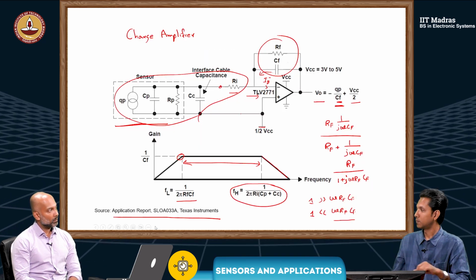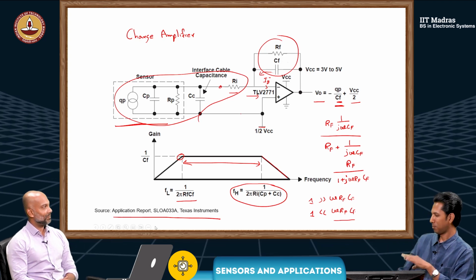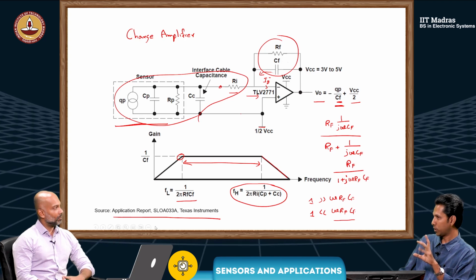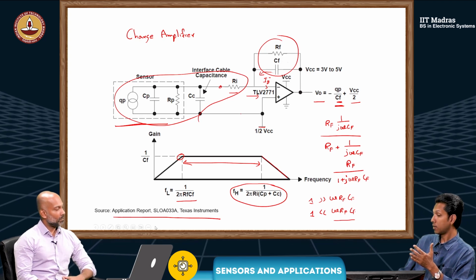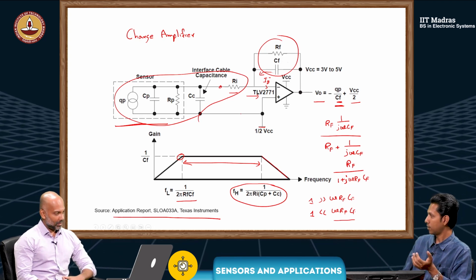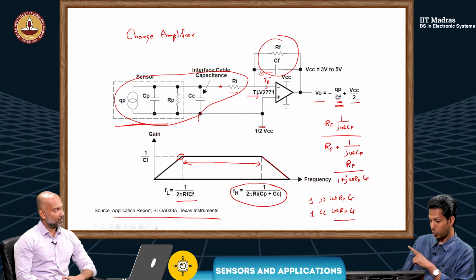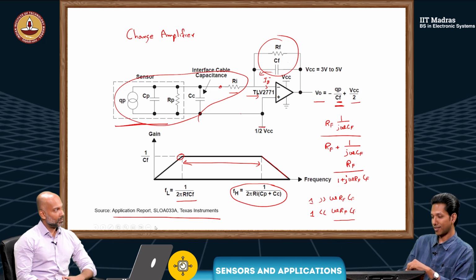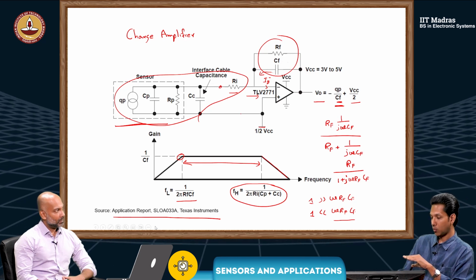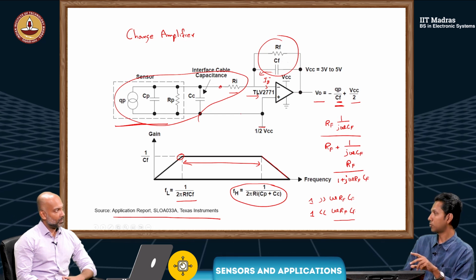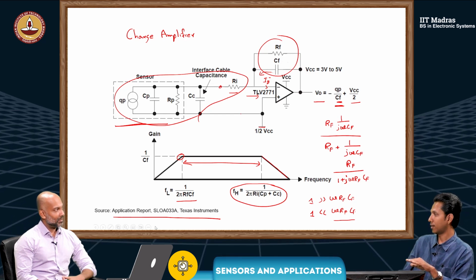So, a brief on piezoelectric: how to use it as a sensor, and you can also use it as an actuator if you are giving an electrical signal. As you pointed out, you get an output for dynamic input, not for a static one.